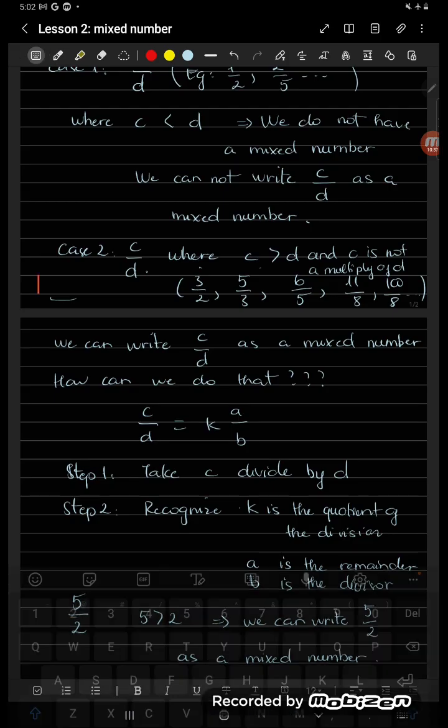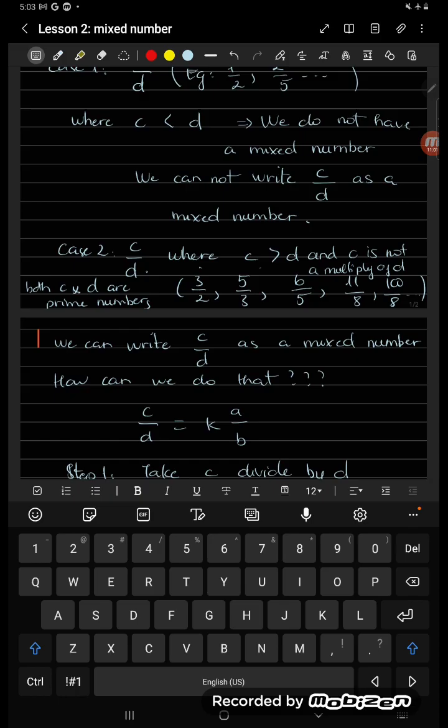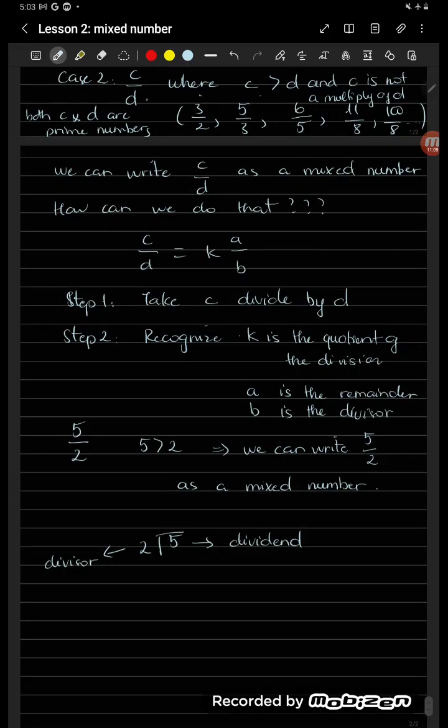And it's better if c over d, both c and d are prime numbers. Okay, so it means the fraction c over d is the most simplified fraction.